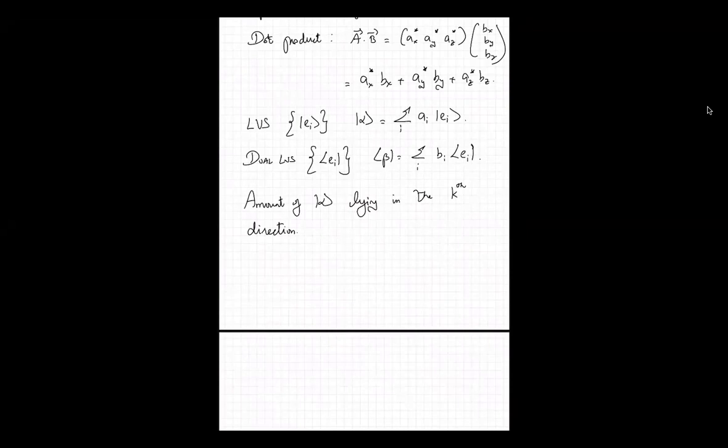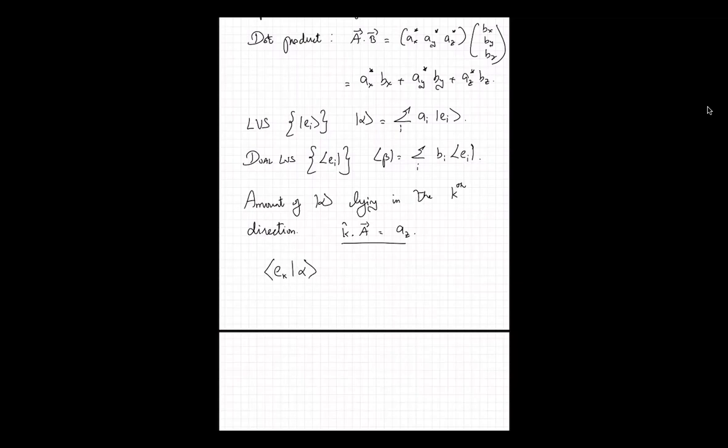The basis vector in the kth direction is of course ek, and just like I take k dot a to give me az, the extension of this is the dot product of the kth basis vector with the vector alpha. So that is bra ek alpha.